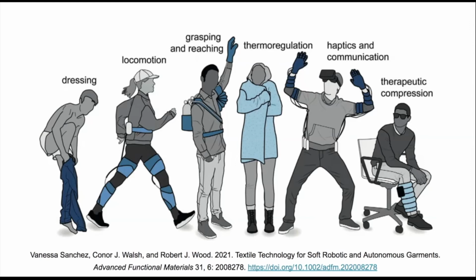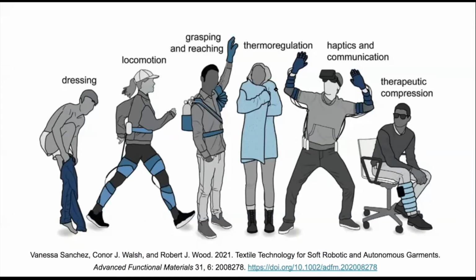Somebody who has a limited range of motion as compared to a normative body. Locomotion assistance, particularly in rehab, but also in contexts like extreme sports or mountain climbing. Grasping and reaching, again extreme sports, also factory settings. These are like, let's make humans more efficient, which I've got opinions about, but capitalism loves this.